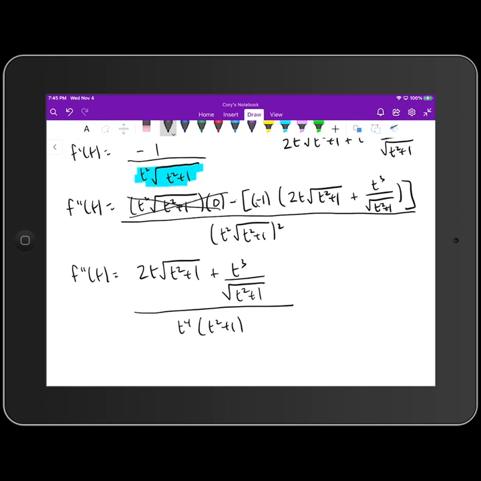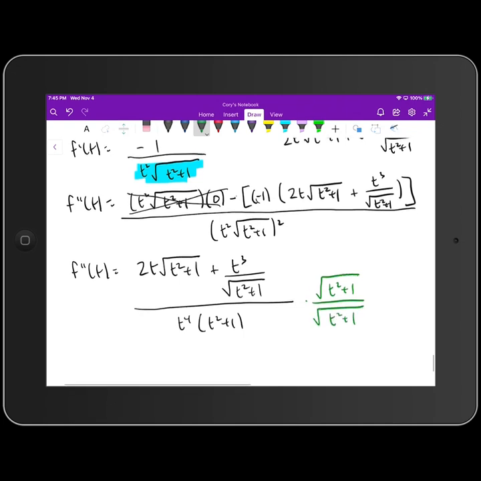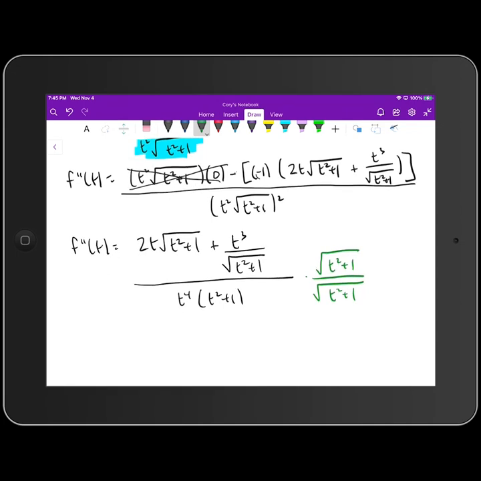Okay, and then I want to simplify this just like I did up above. So I'm going to multiply the top and bottom by rad t squared plus 1, the denominator of the smaller fraction. Okay, so when I do that, that's going to make f double prime equal to 2t times rad t squared plus 1 times rad t squared plus 1, which is going to become t squared plus 1, plus, when I multiply rad t squared plus 1 times the second fraction, that just leaves us with t cubed.